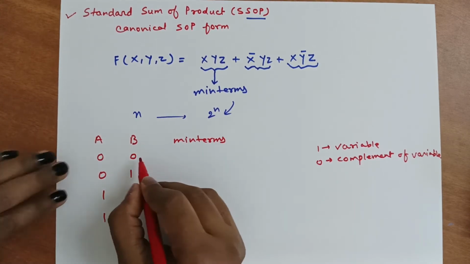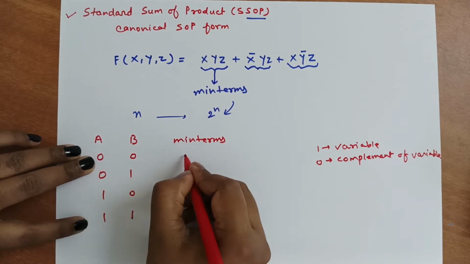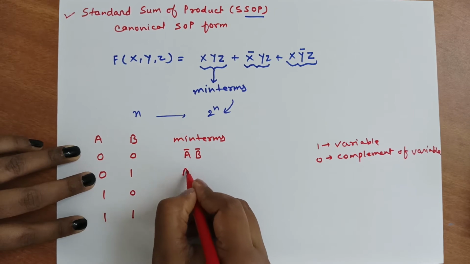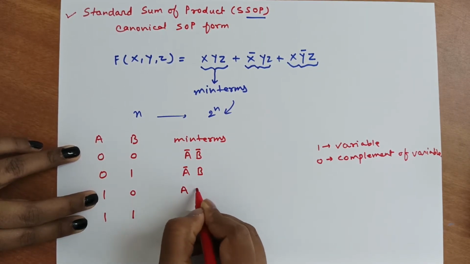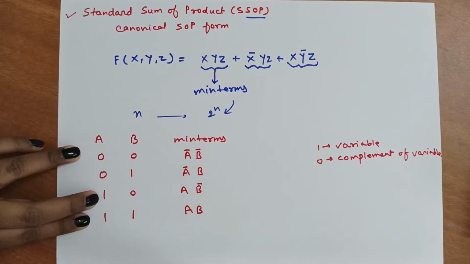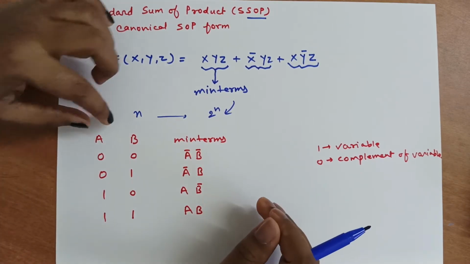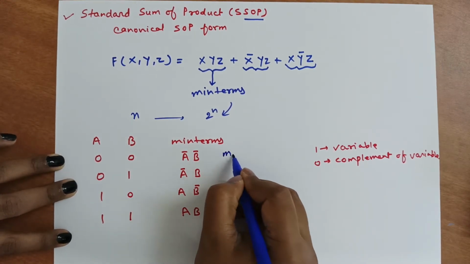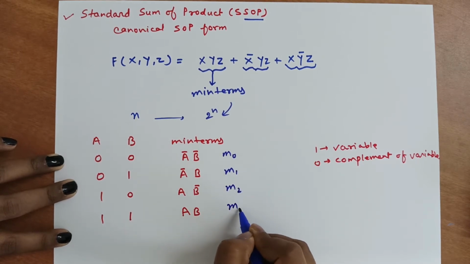So 0 is a bar, b is b bar. So a bar b bar, this is a bar b. In the same way, this is a b bar and a b. So these are the minterms possible for two variables a and b. We write them as M0, M1, M2, M3.